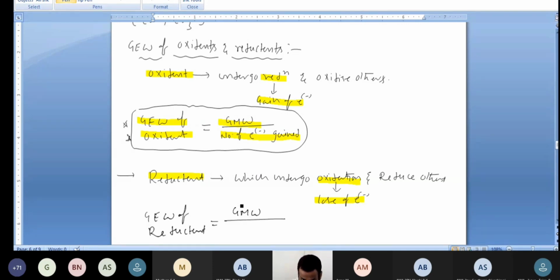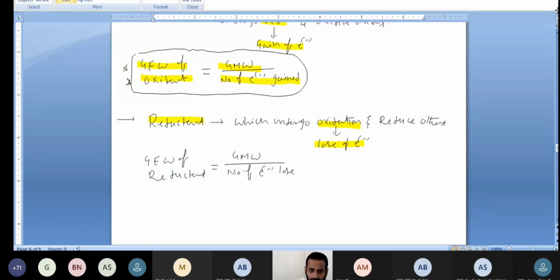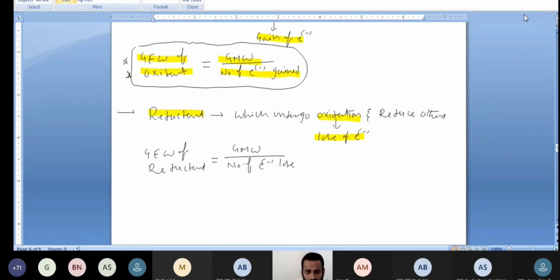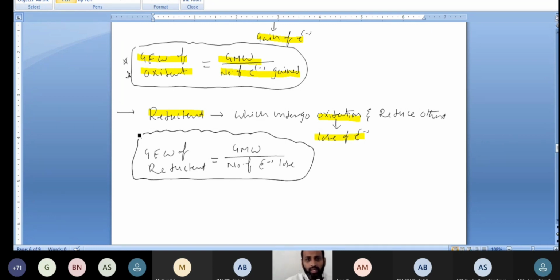So here I write the gram equivalent weight of the reductant, because during the process of oxidation electrons are lost. So we have the gram equivalent weight of the oxidant and of the reductant. For the reductant, it is the gram molecular weight divided by the number of electrons lost.